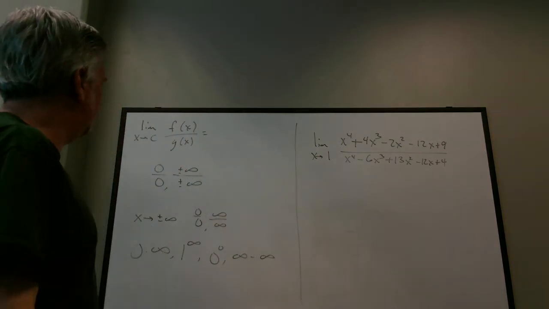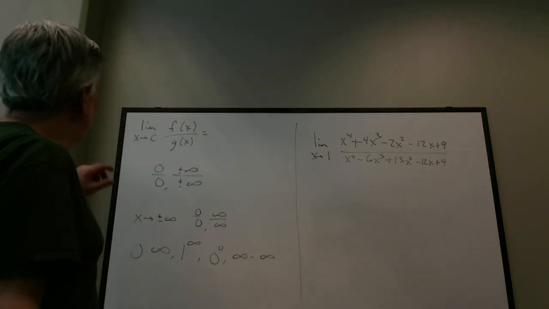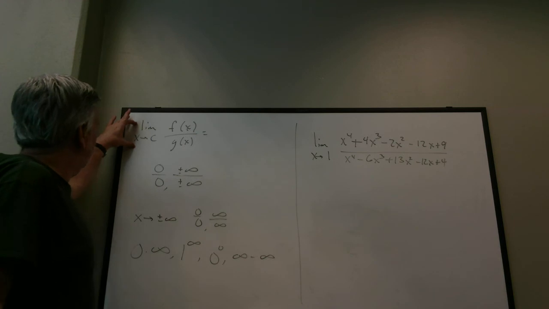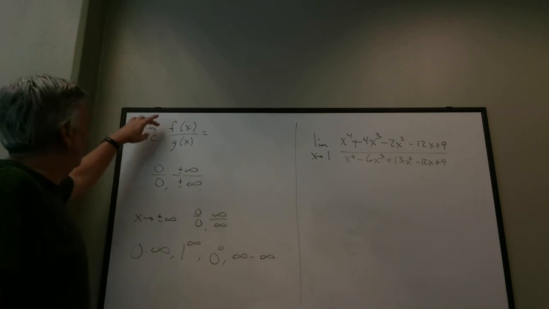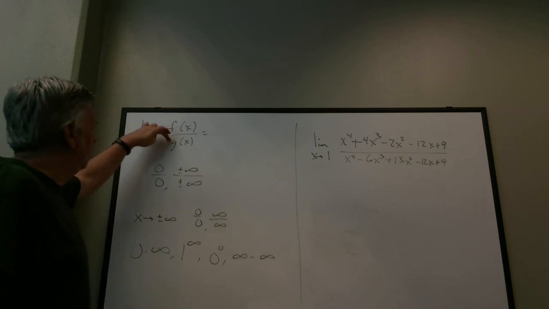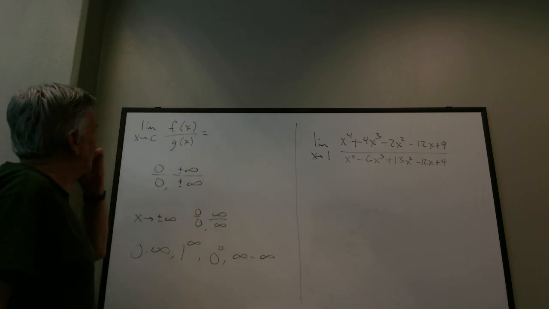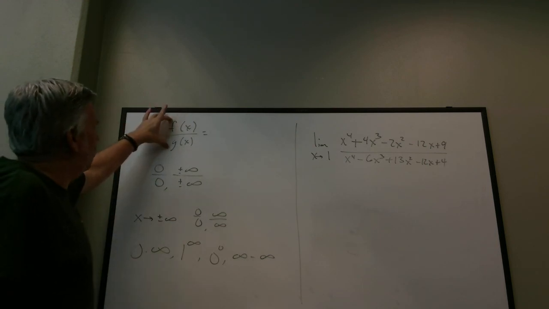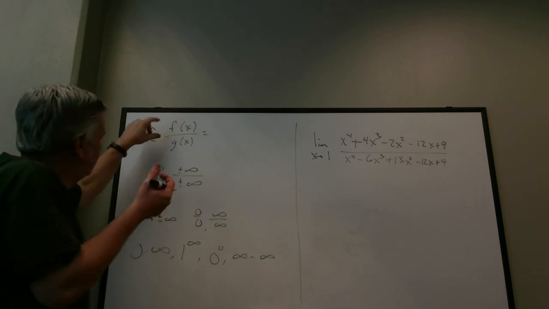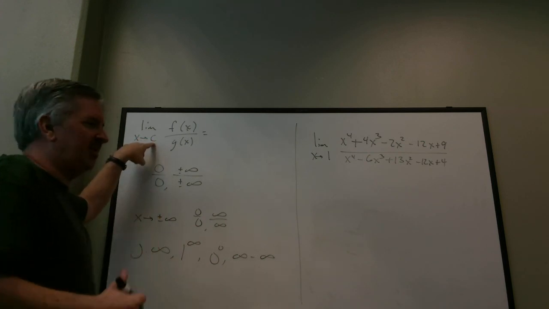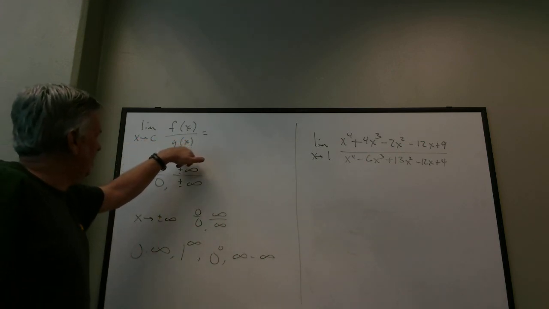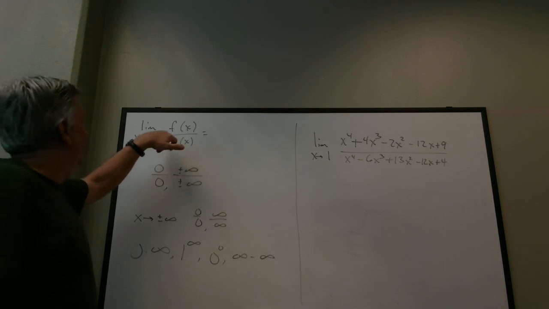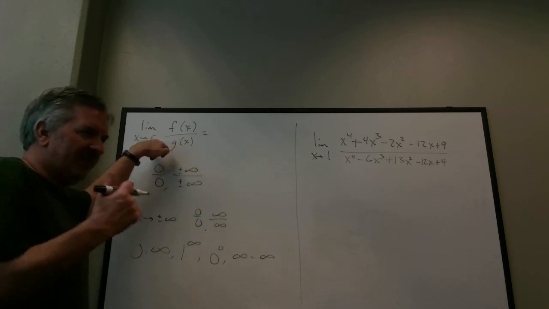Now, what does L'Hopital's rule say? It says if you're taking the limit as x approaches c, some number, of a quotient f over g, then both functions have to be differentiable around c except possibly at c, and the derivative of g near c cannot be zero except at c.